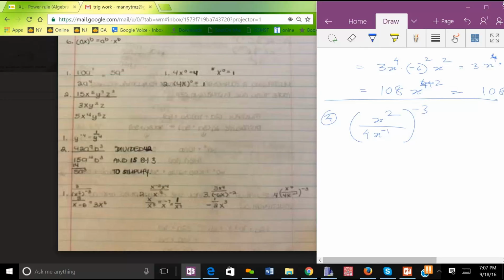So that negative 3 has to go to x to the 2 to the negative 3 on top once, and for the bottom part, that also gets a negative 3. Okay? Make sense? Yeah.